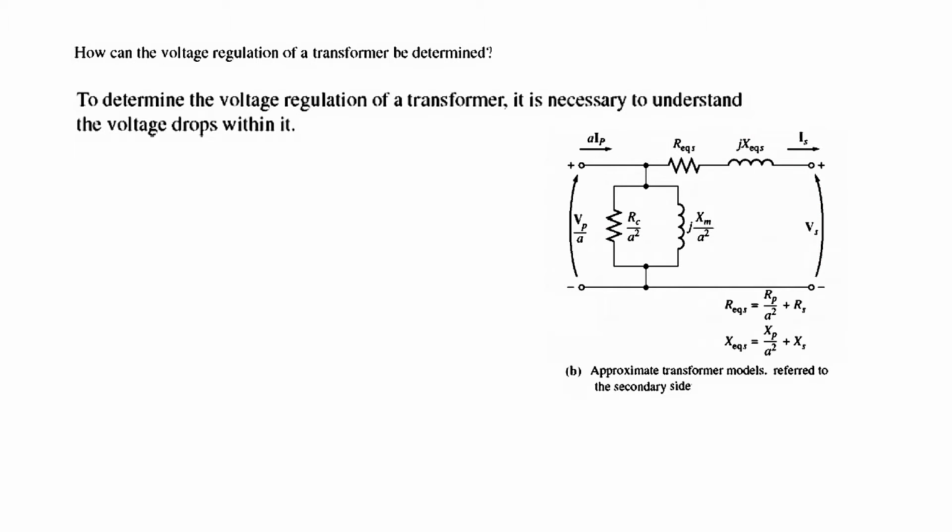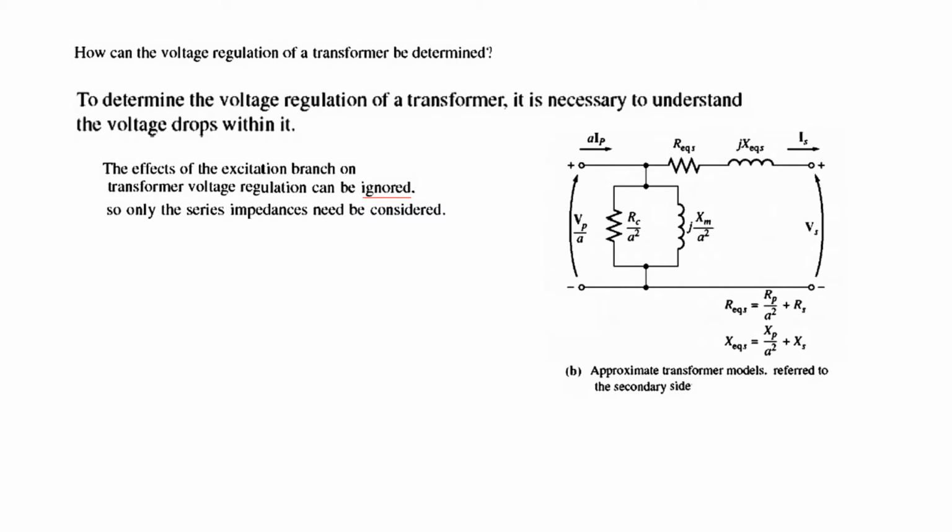If you don't understand this, then I recommend that you watch my previous video on the equivalent circuit of transformers. Similarly, the reactance is also divided by A squared, and similarly these R equivalent and X equivalent have been calculated from these values. So this is the equivalent circuit referred to the secondary side.